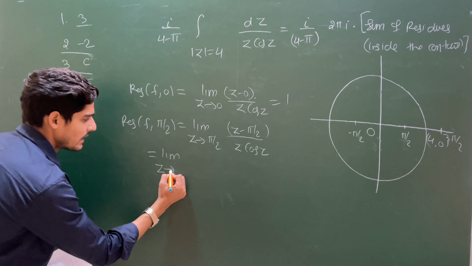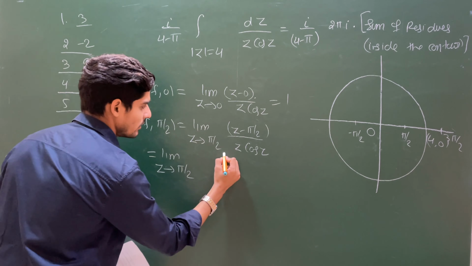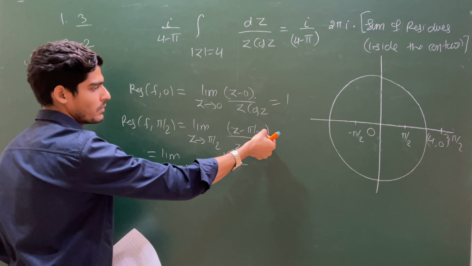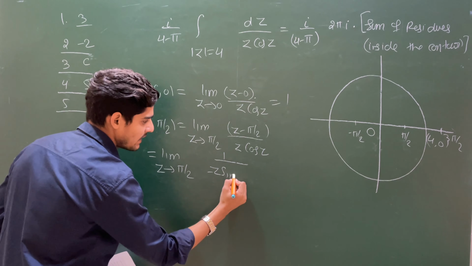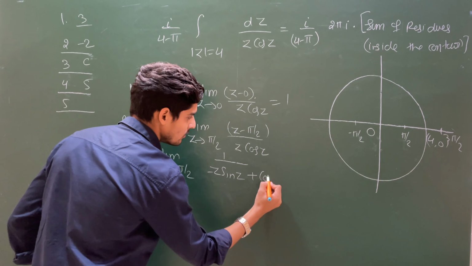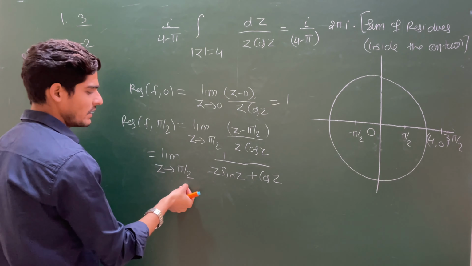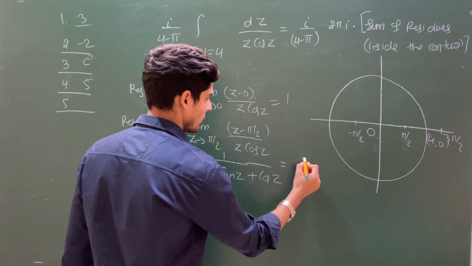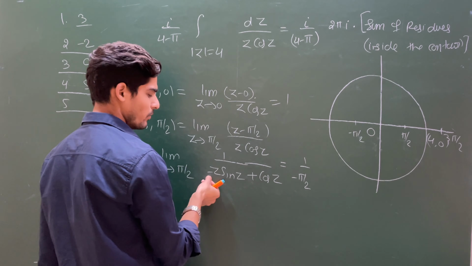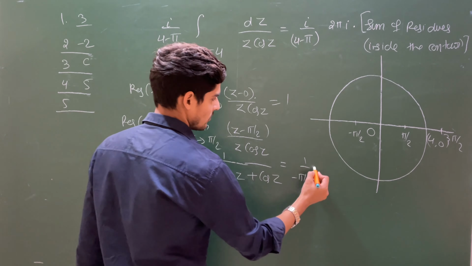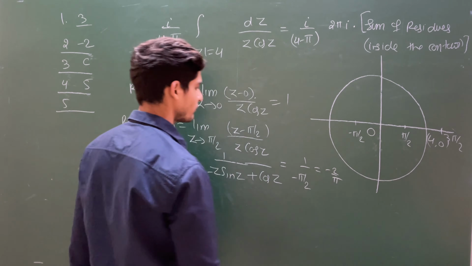Differentiating, above you will have 1, and below you will have minus z sin z plus cos z. If you put pi by 2, you will get 1 upon minus pi by 2 because of this negative sign. So you will have minus 2 by pi.